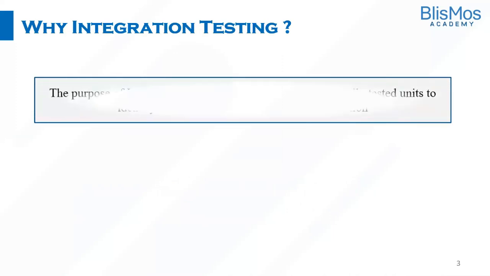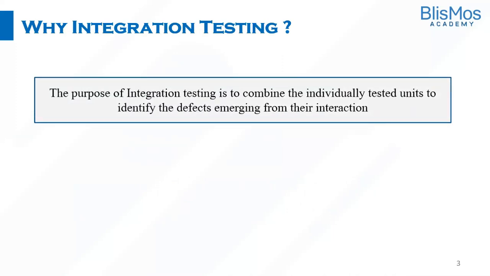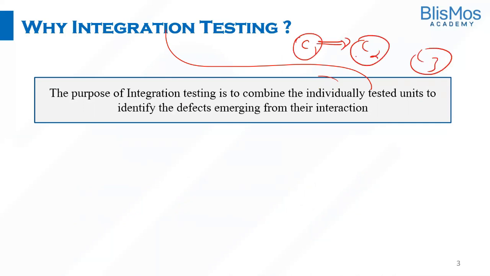Why do we need to do integration testing? As I indicated, components are built in isolation. They need to be brought together. So as a part of integration testing, we'll bring together those components, for example, component 1, component 2, component 3, and check whether C1 is talking to C2 properly or not, whether C2 is talking to C3 properly or not.